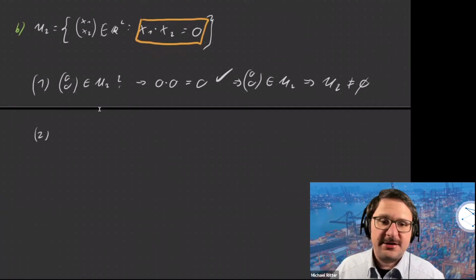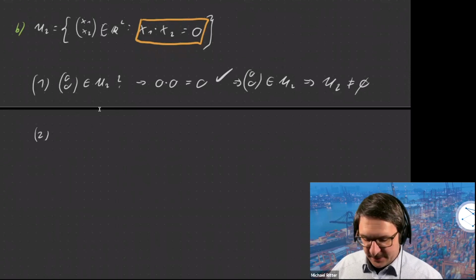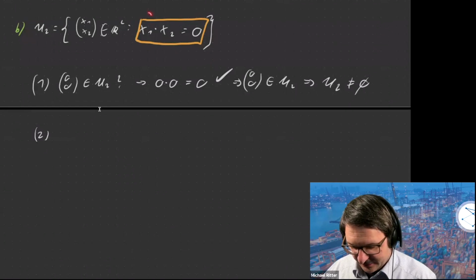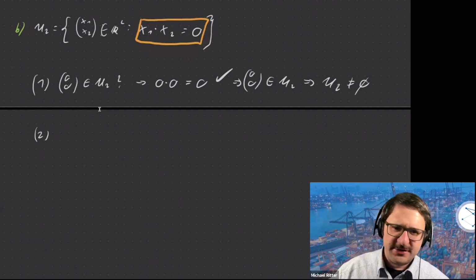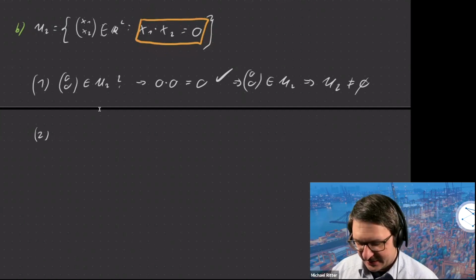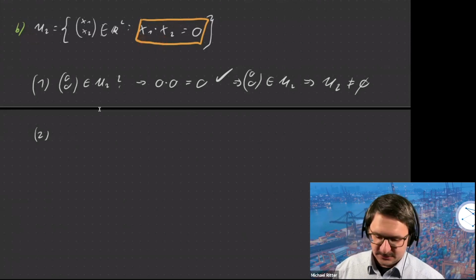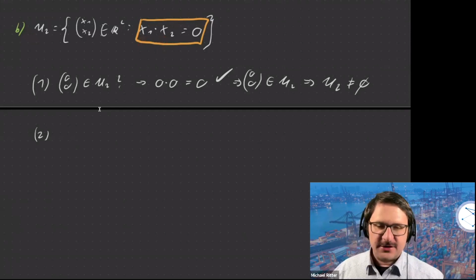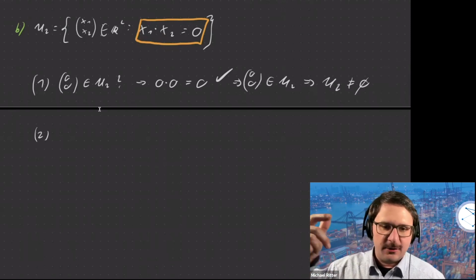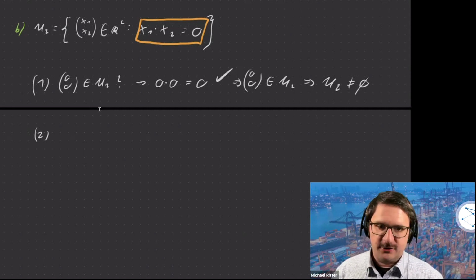Another question is, is the sum of any two vectors contained in U2? If you think about this definition a little, what it says is that the product of x1 and x2 must be 0. x1 and x2 are real numbers, so that means either x1 or x2 must be 0. So U2 contains all the vectors where at least one of those two coordinates is 0. Of course, both can also be 0, like we just saw.